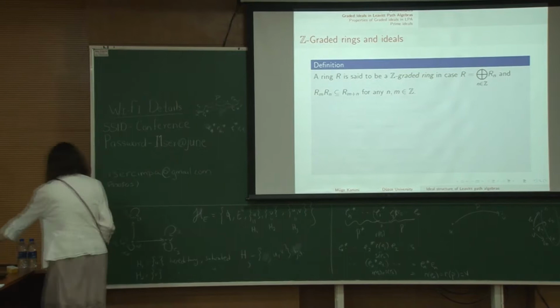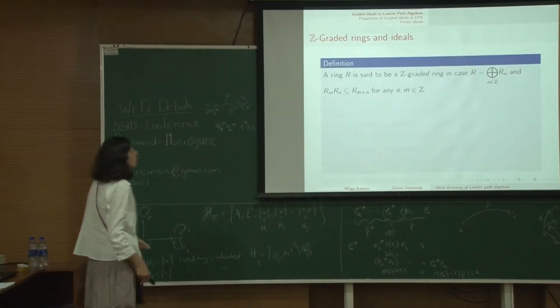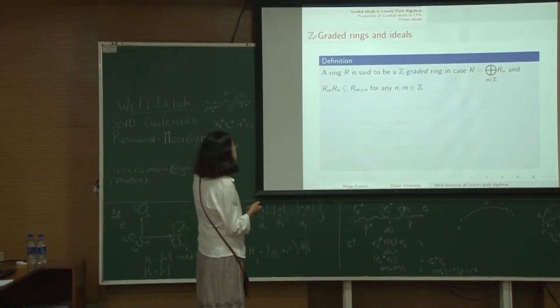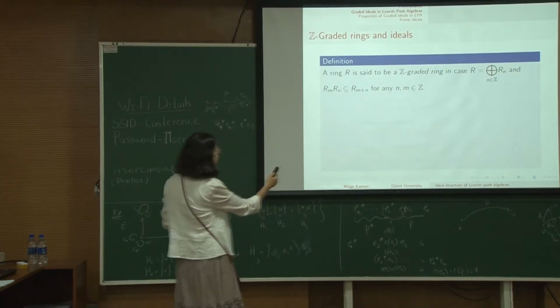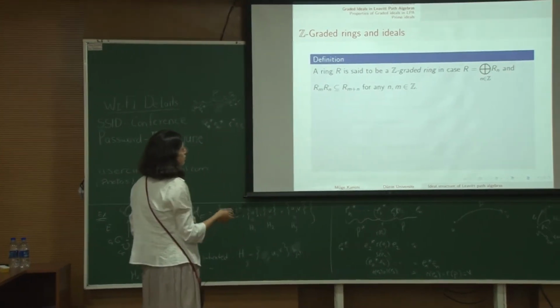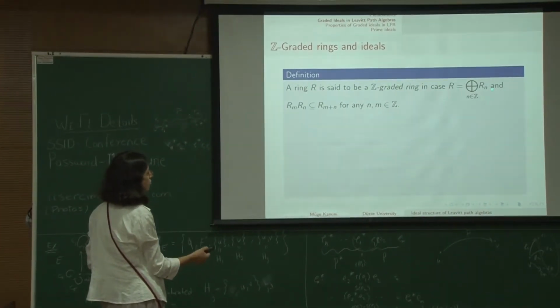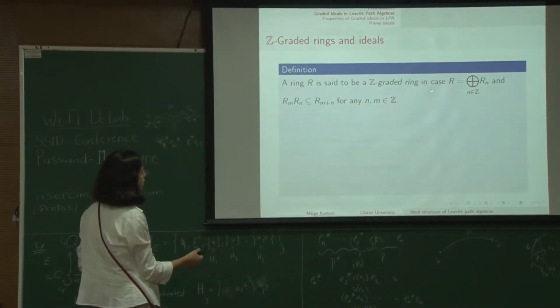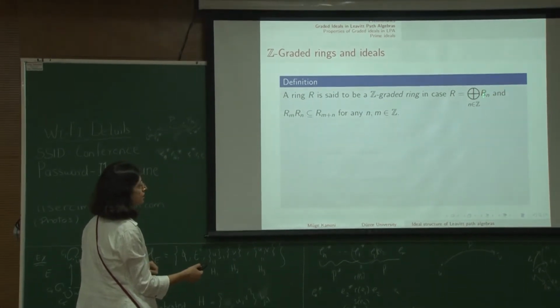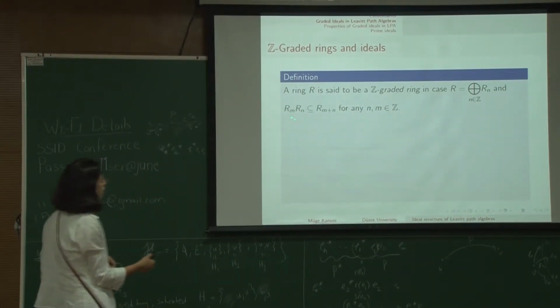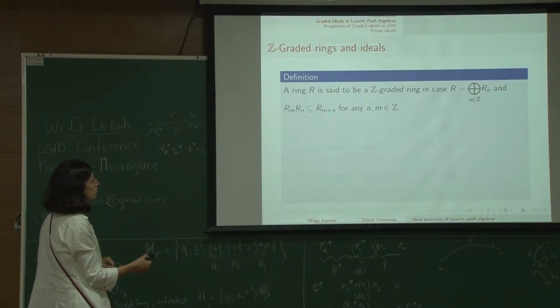Now let's go into the graded ideals. Let me give a definition of graded rings. A ring R is said to be Z-graded in case R is a direct sum of R_n's, where the R_n's are the homogeneous elements, and R_n R_m is a subset of R_{m+n}.